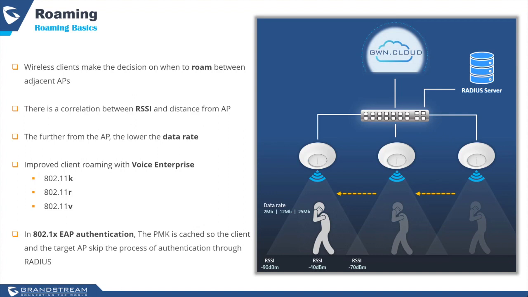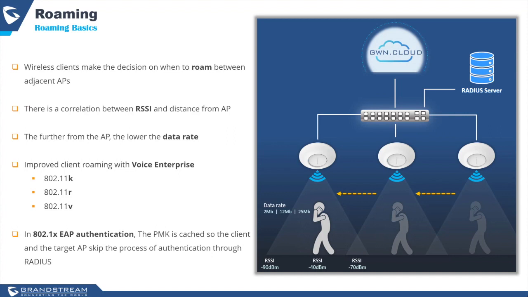The other feature available on the Grandstream GWN access point is authentication using a Radius server. The GWN access points support what we call PMK caching, so that the client and the target access point can skip the process of authentication through Radius.